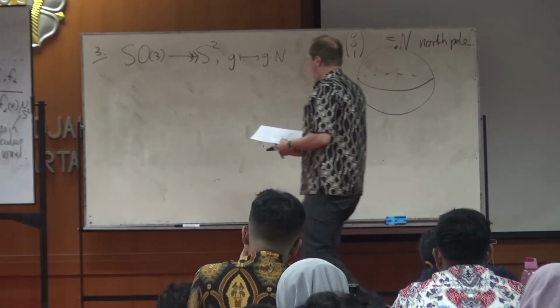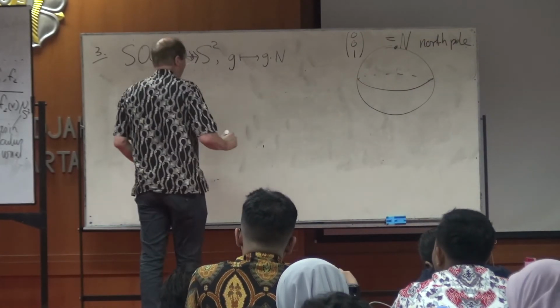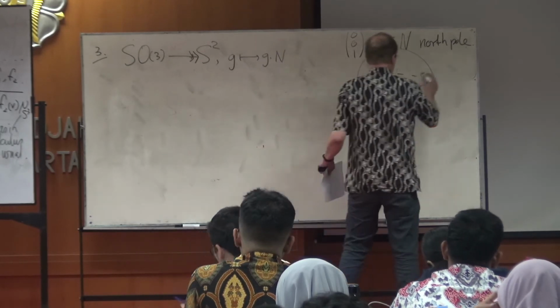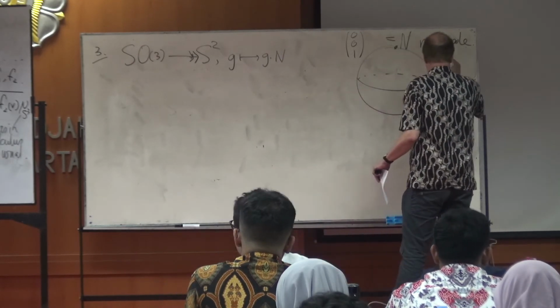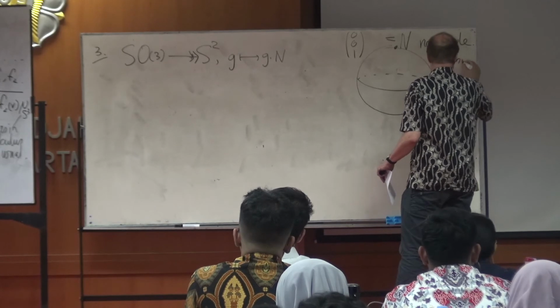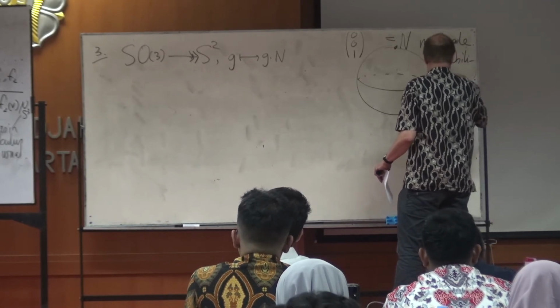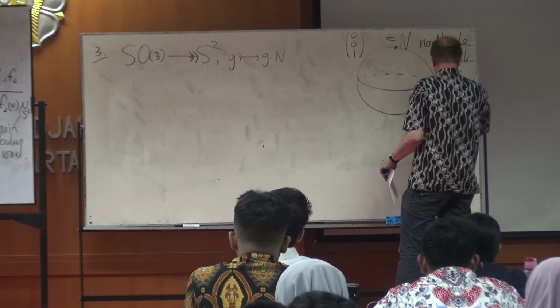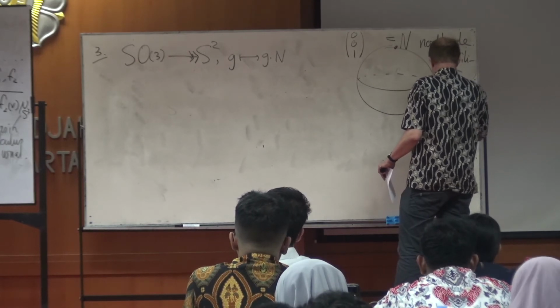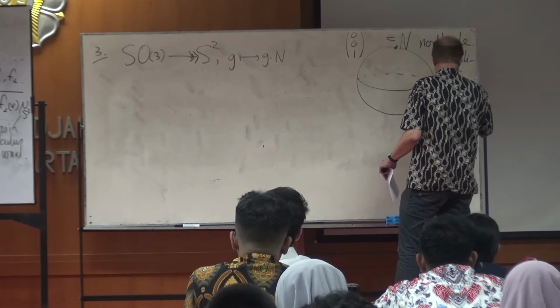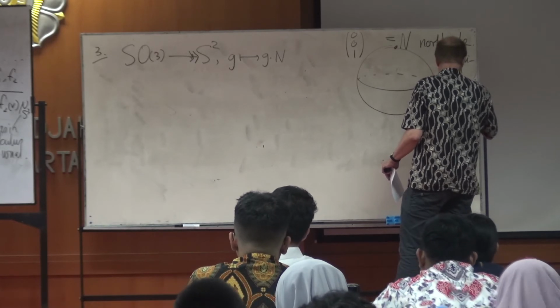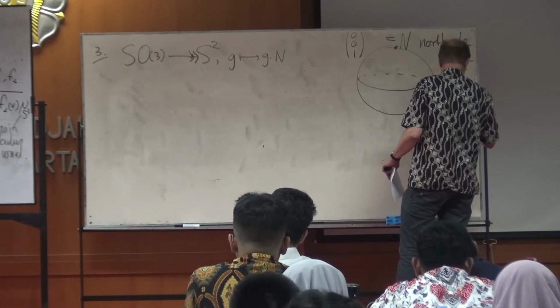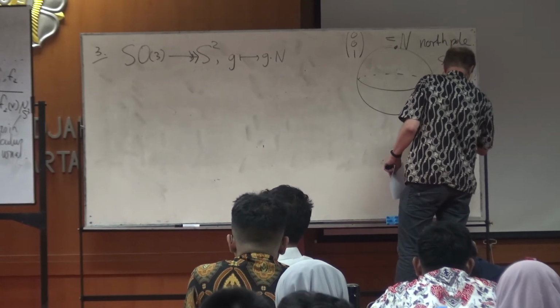And I claim that well, what is the stabilizer of the North Pole? It has stabilizer these matrices, right? I think cosine phi, sine phi, minus sine phi, cosine phi, and then a 1 of course.